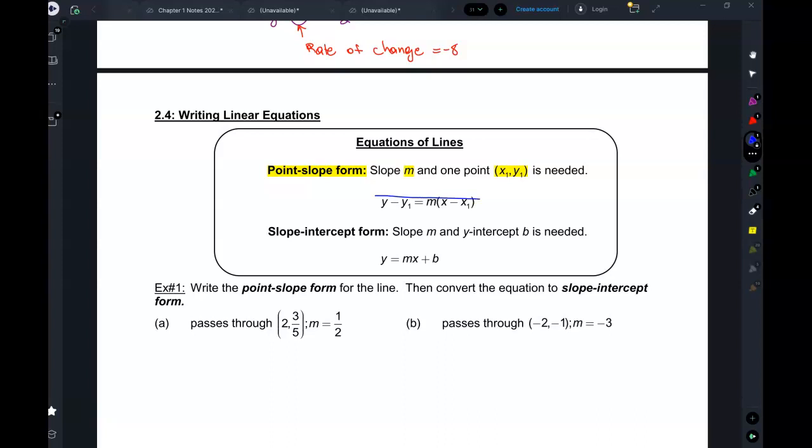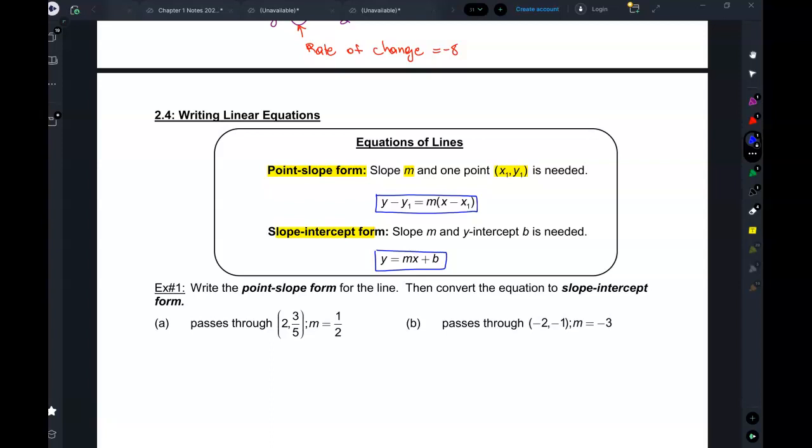Yes, you do. The second one is slope-intercept form. And that's the one everybody knows best. y equals mx plus b. It's very important that you are familiar with both of these equally well, because this is used in many places. This is used very widely in calculus, so you have to be equally comfortable with both of them.